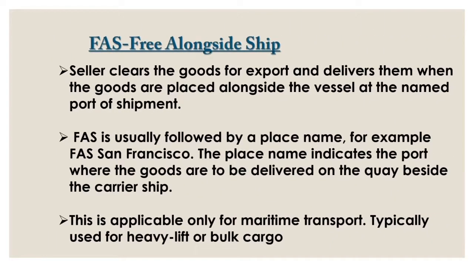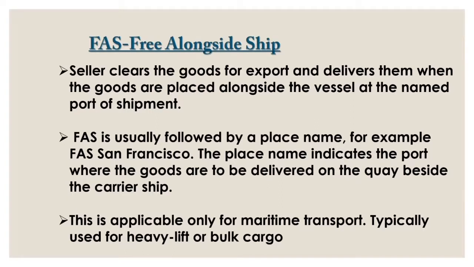Next is FAS or Free Alongside Ship. The seller clears the goods for export and delivers them when the goods are placed alongside the vessel at the named port of shipment. This means that the seller is responsible for all costs and risks to the goods up to the point of delivery.